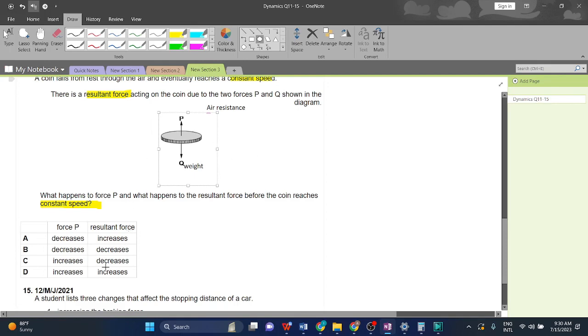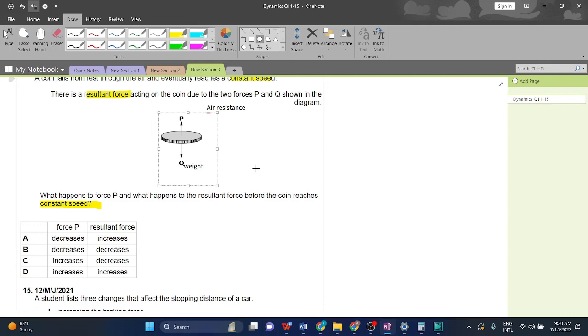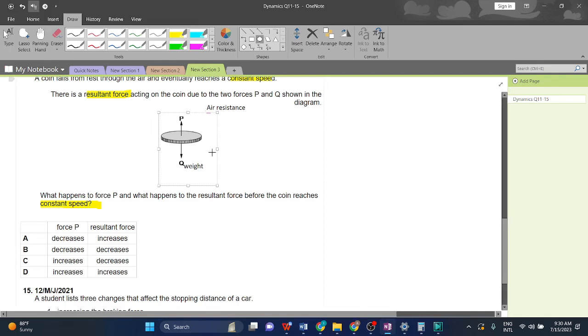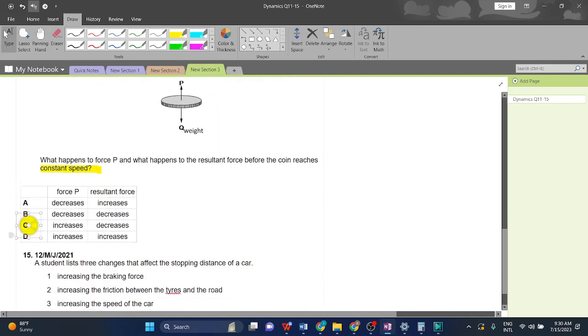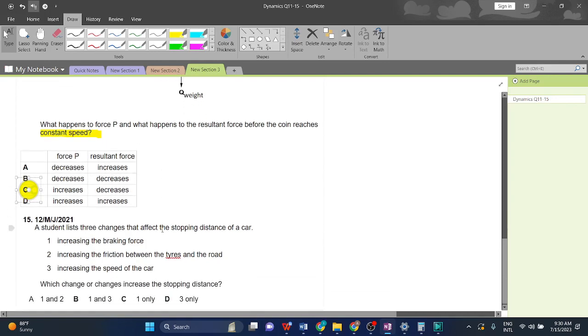Resultant force will start to decrease because initially the resultant force is very large, because weight is the single entity acting on the object when it is initially dropped. But gradually air resistance starts acting upwards. Weight acts downwards, air resistance acts upwards. The upward force cancels the downward force. So C is the right answer. Force P increases and resultant force decreases.